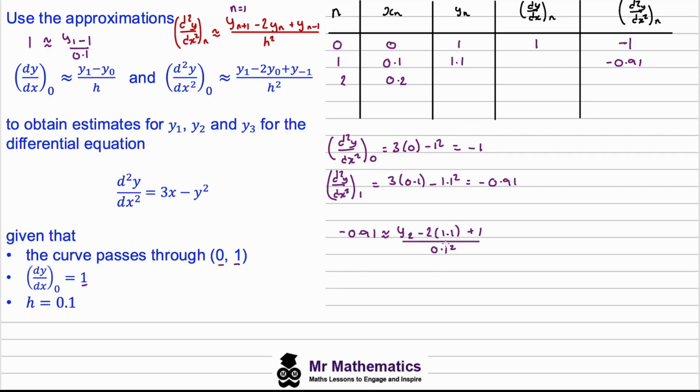We can move the 0.1 squared to the left-hand side. We'll add this term and subtract that term, and we get y2 as 1.1909. So I'll put this into our table.